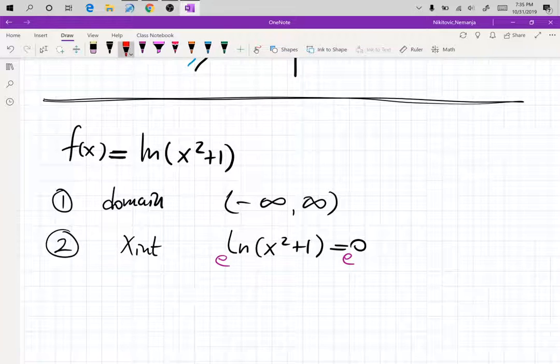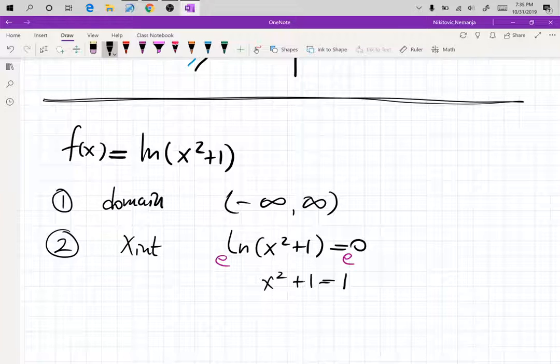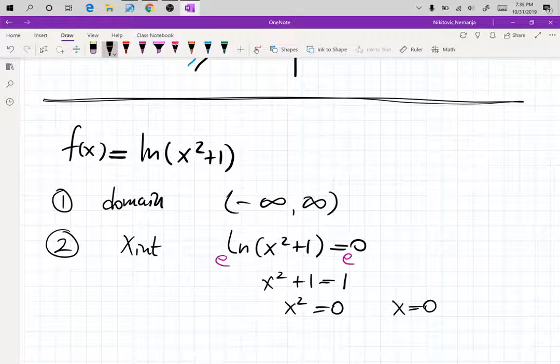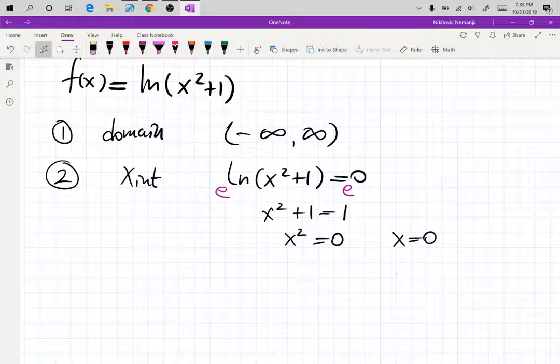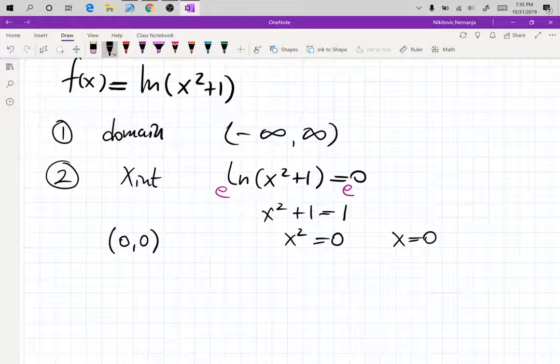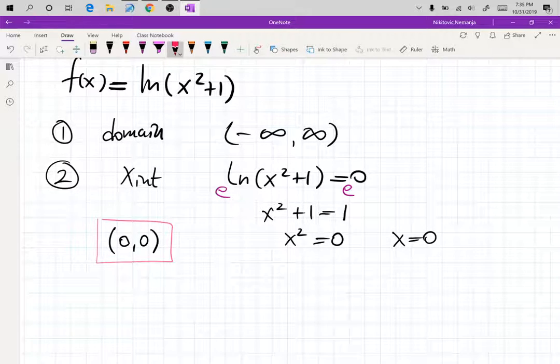You will get x squared plus 1 equals 1, and then x squared equals 0. So x equals 0. So we have 0, 0, which would be our x-intercept and y-intercept at the same time. Anytime you get 0, 0, it's always at the same time the x and y-intercept.